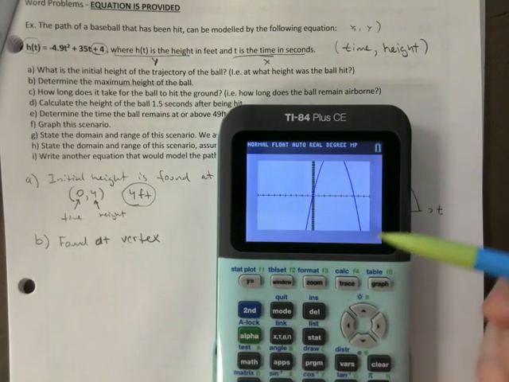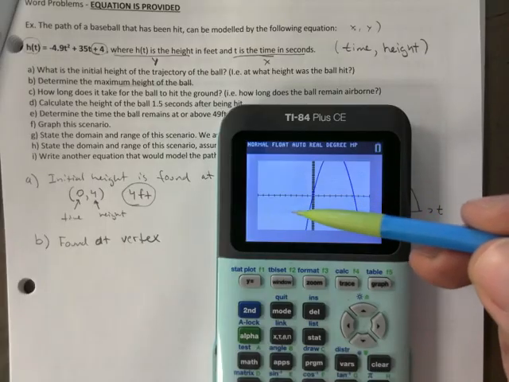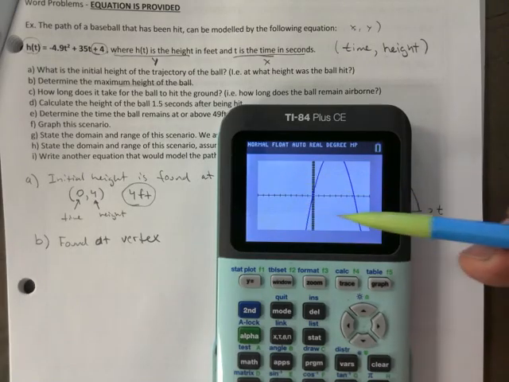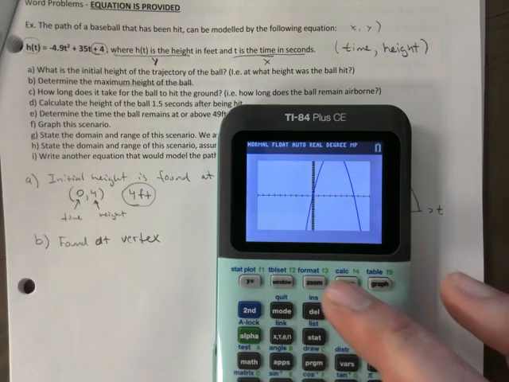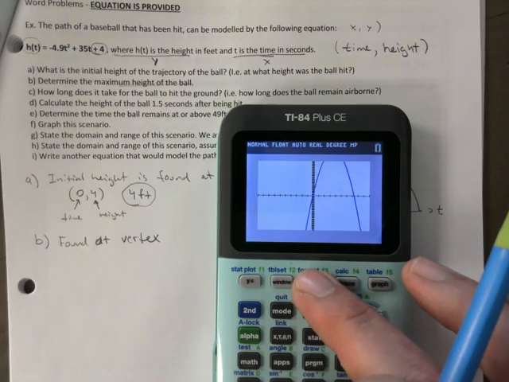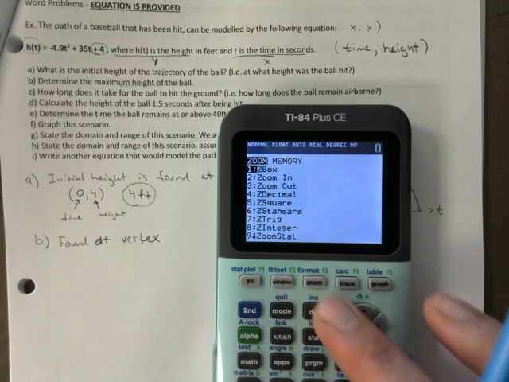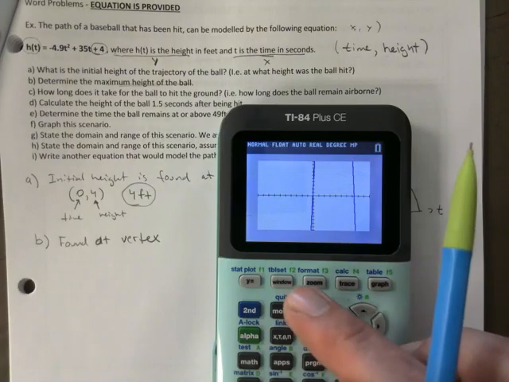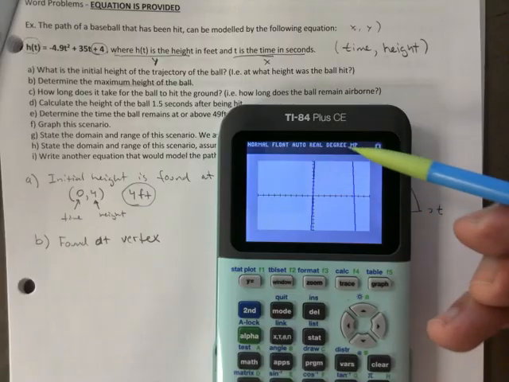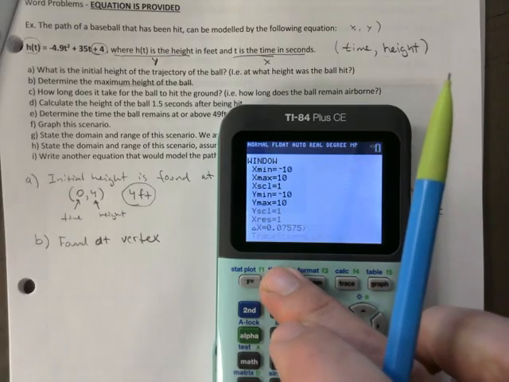In this case, I don't really care about these quadrants here. So I'm going to reduce those, the y-min, x-min, maybe go a zoom standard. Doesn't change a whole lot. Let's chase the curve here. So I'm just going to go window.